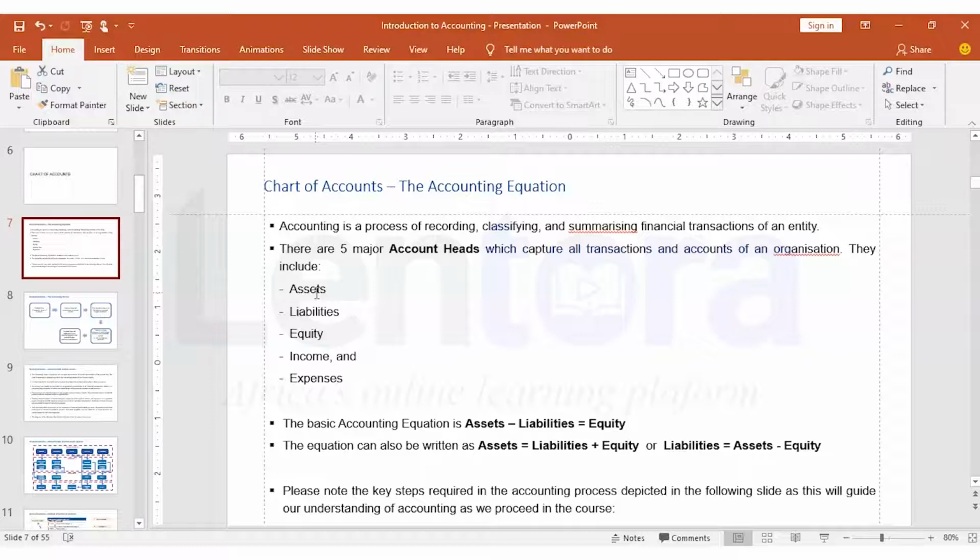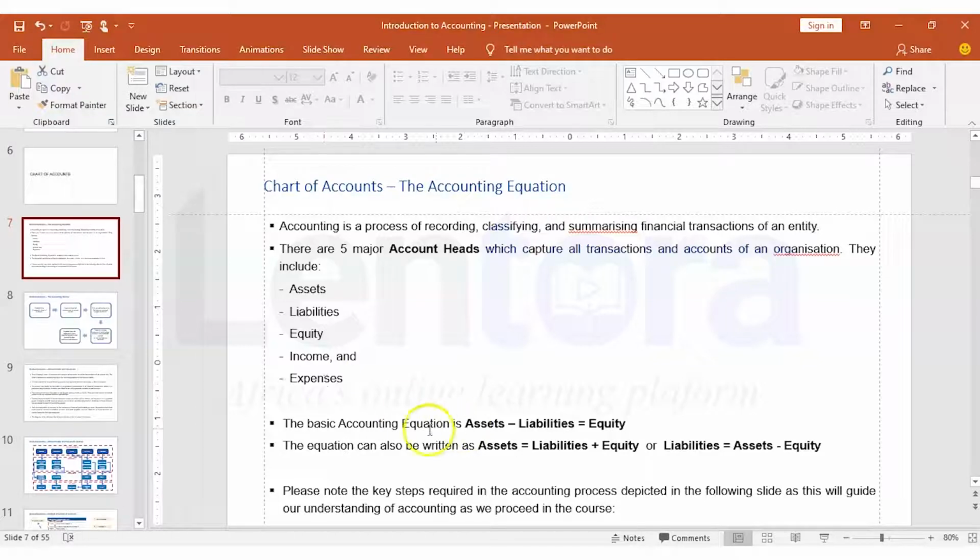Now, the reason why these 5 heads are very important is because they make up the accounting equation. You see these first 3, the assets, liabilities, and equity, they're regarded as real accounts, because these are accounts that move from period to period, unlike the income and expenses accounts, which are only retained for a yearly period, 1 year at a time, right?